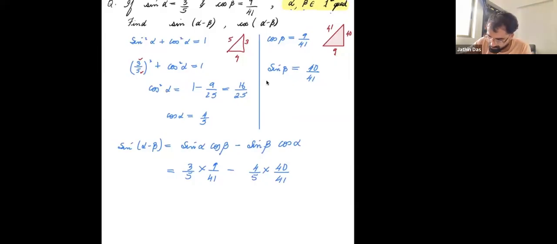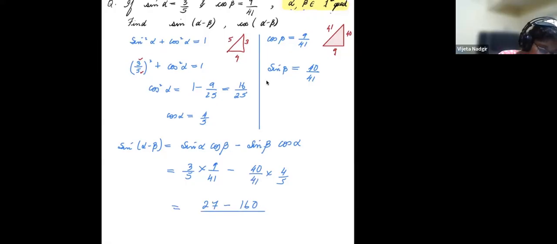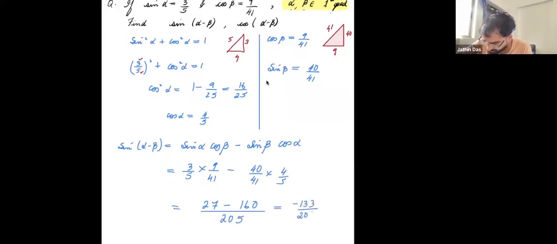Sine beta is 40 by 41. 27 minus 160, minus 133 by 205. Yeah.